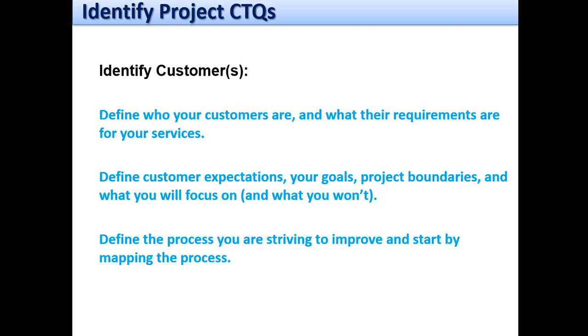Because we will work on a project, the Six Sigma project that we will select, we need to identify the project CTQs by identifying the customers, who your customers are, and what the requirements are for your services or your products. The customer expectations need to be defined. We call something called project boundaries, and what you will focus on and what you will not focus on.